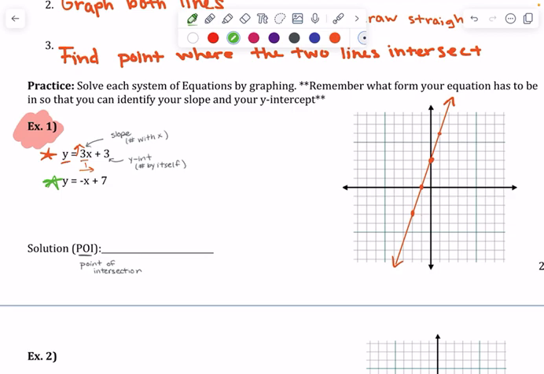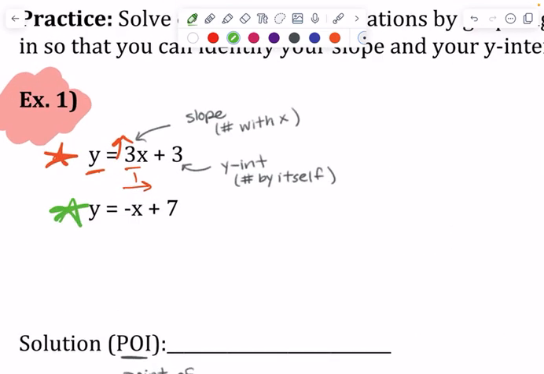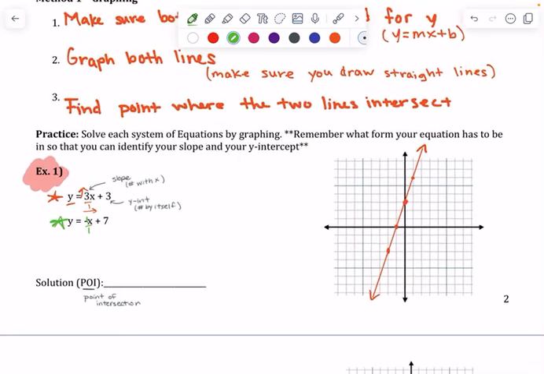So y equals negative x plus 7. So that slope is really just negative 1 over 1. So your y-intercept is positive 7, and slope down 1 over 1. So right there will be our point of intersection, or our solution.